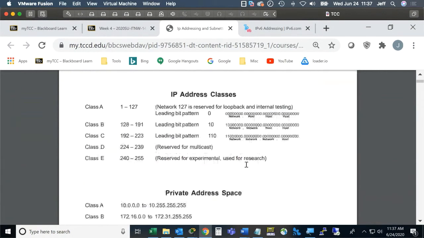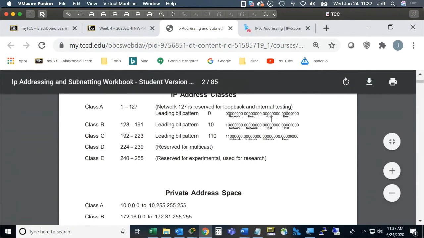So you can see with a Class A, we have a lot of bits. We can create a massive amount of networks from one Class A address, because we have 24 bits available for hosts. Now, the Class B, there's only 16 bits, but we still can create quite a few hosts. But the Class C, we only have 8 bits.